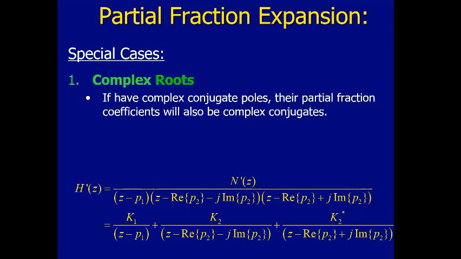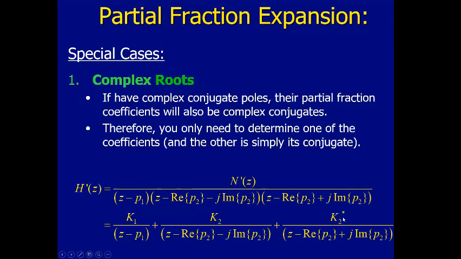As it turns out, if we do the partial fraction expansion on these two terms separately, it will always turn out that the coefficients we come up with for their numerators will also be complex conjugates of each other. So I don't have to do it twice. I can solve for one of these and know what the other is going to be, simply the complex conjugate. So that's kind of nice. I get a 2-for-1 on that.